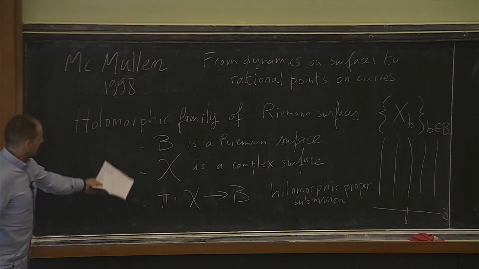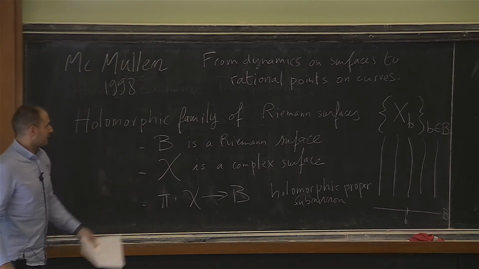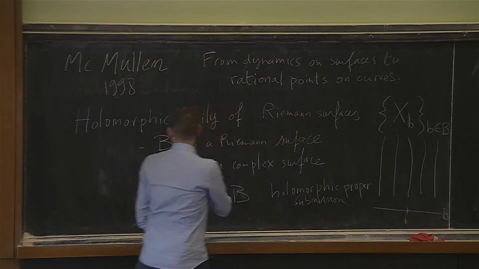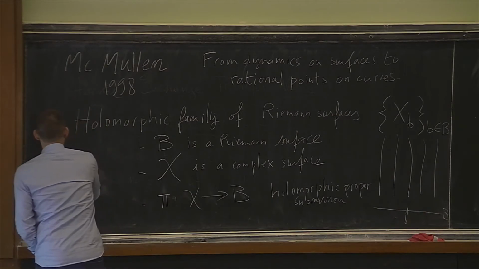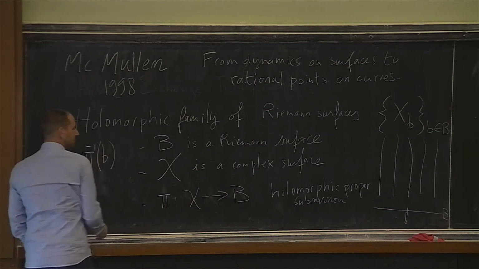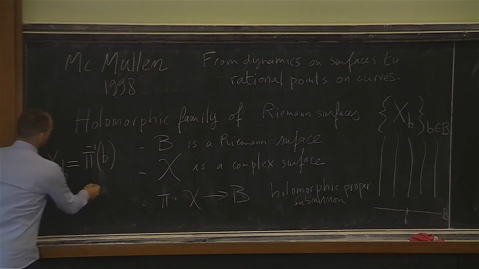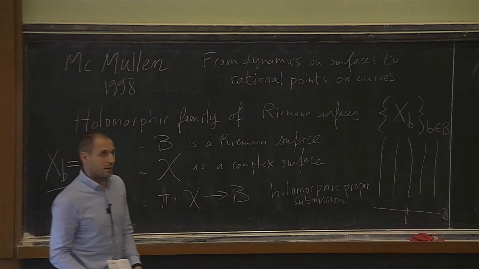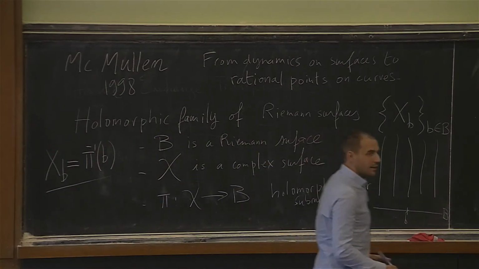So this is the data of a holomorphic family of Riemann surfaces, and our Riemann surface X_b is just the fiber over b, right? So this is the definition of a holomorphic family of Riemann surfaces.